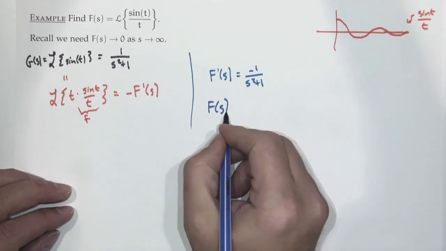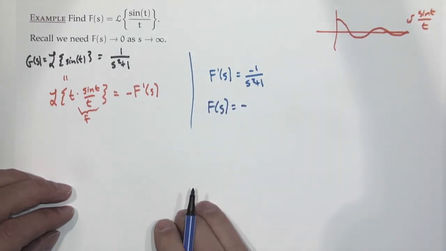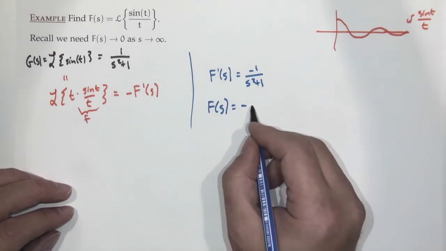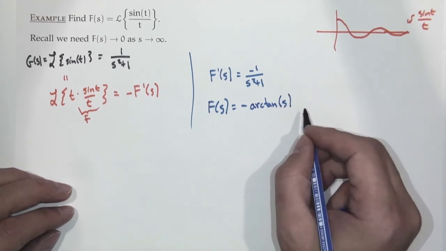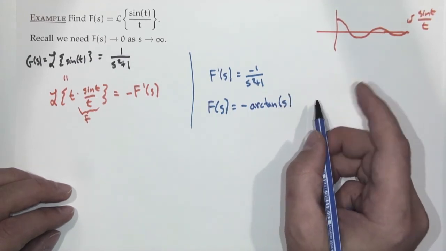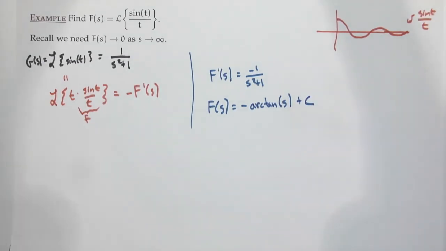So what is f of s? Integral of 1 over s squared plus 1. It's arctangent. What? Is that right? Plus c. Ah, but what is c? Oh, say, can we figure out c? Okay, I hear people saying 0.